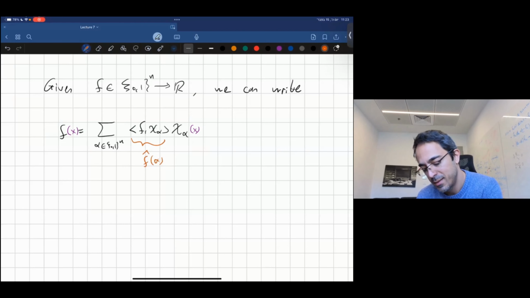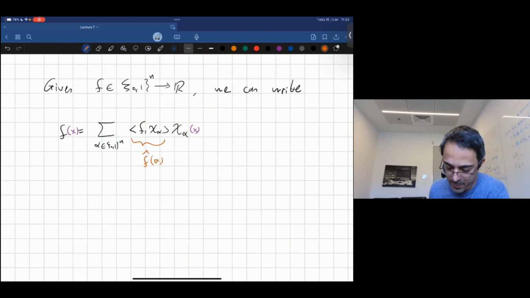That's the Fourier coefficient of f at alpha, or the alpha Fourier coefficient of f, whatever you decide. Any function can be expressed like that. Questions?